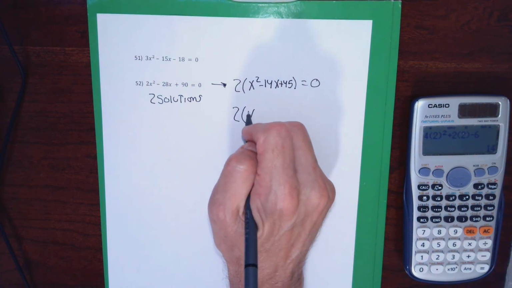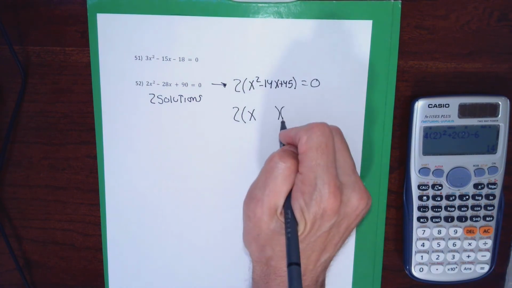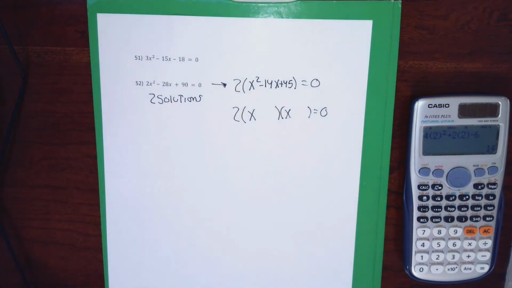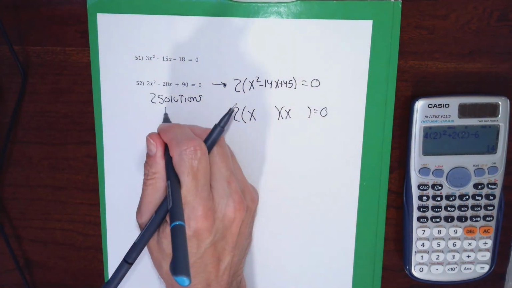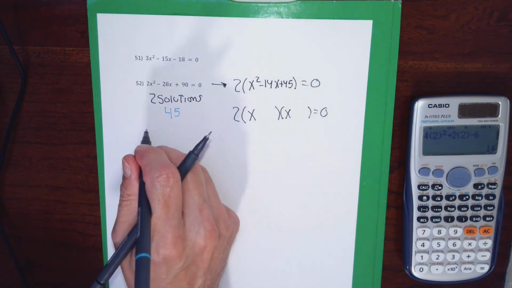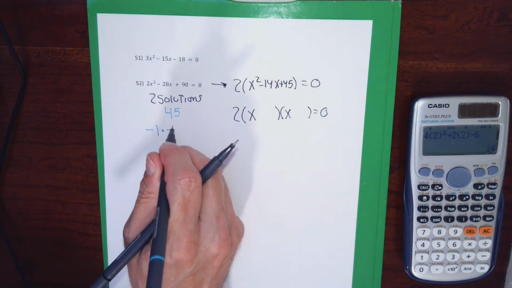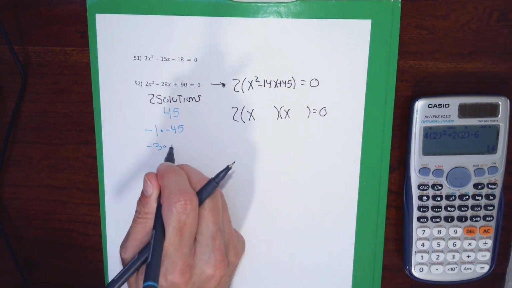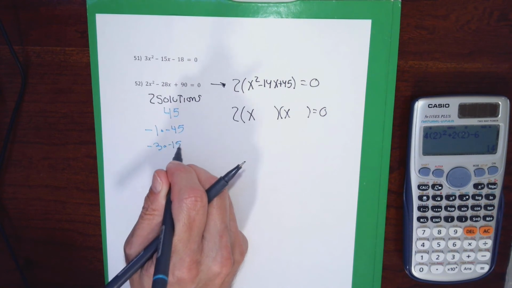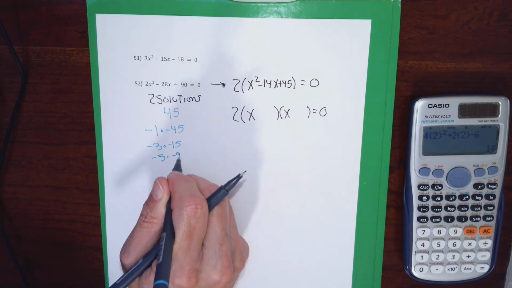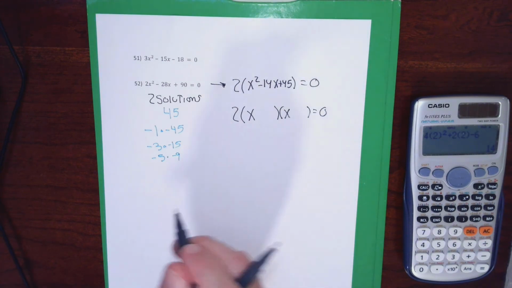I'm going to split the x squared evenly up in the first positions in each parentheses. Then I'm going to look at the 45, and I'm going to find the double negative factors of 45, which would be -1 and -45, -3 and -15, -5 and -9. I don't know if there's more, but I have the one that I need.